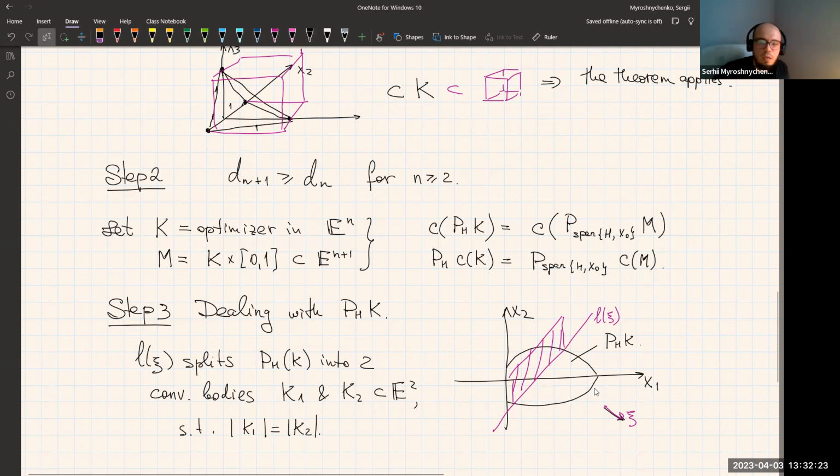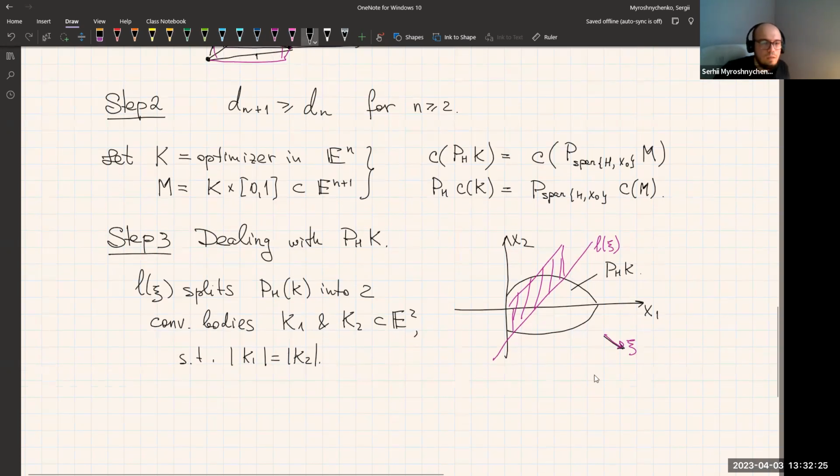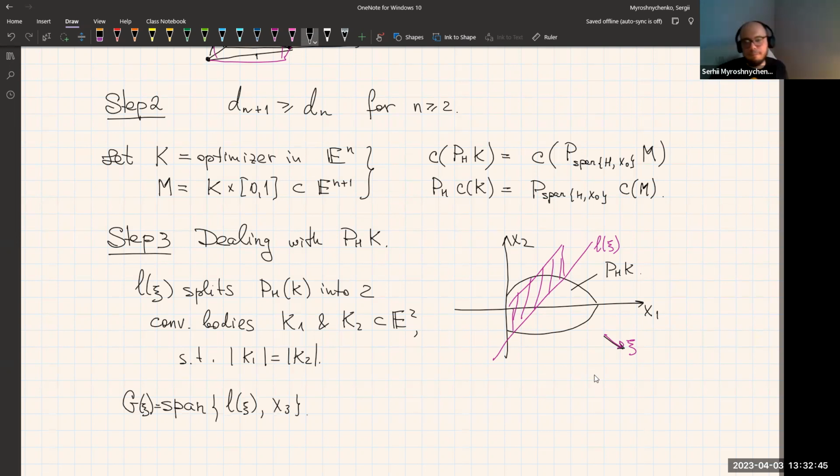So what I do now is add an extra dimension. Let's call it G. G of psi is the span of the line in the projection plus the third coordinate. So G psi are, of course, two-dimensional planes in R3, in the three-dimensional world E3.